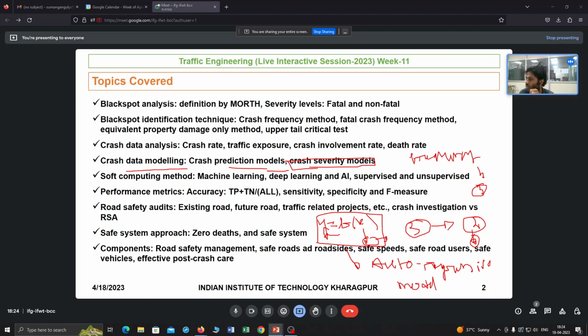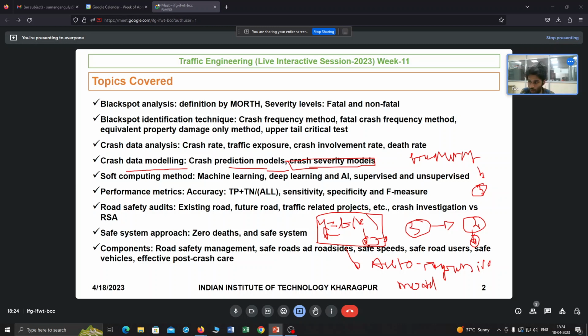I was thinking about what sort of model can be used here. Crash prediction model, crash severity model.